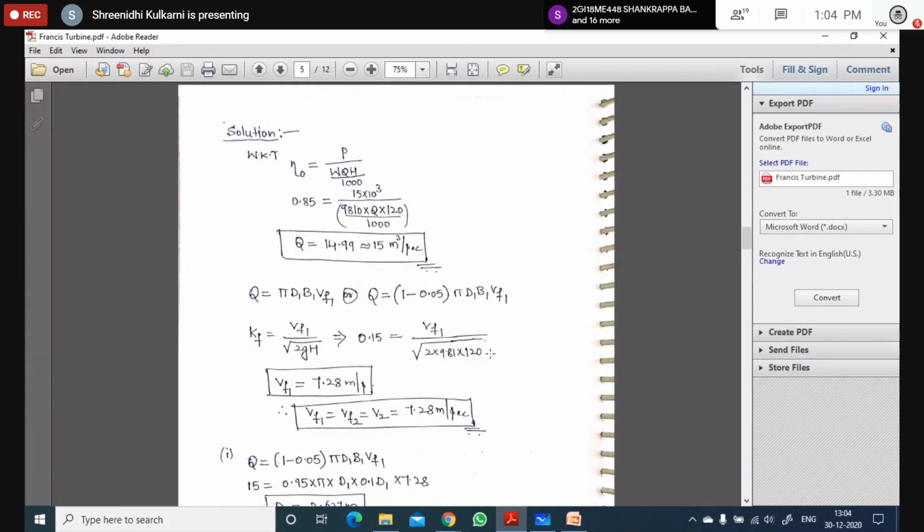You got Q is 14.99. So W is rho into g, so directly write the value 9810.